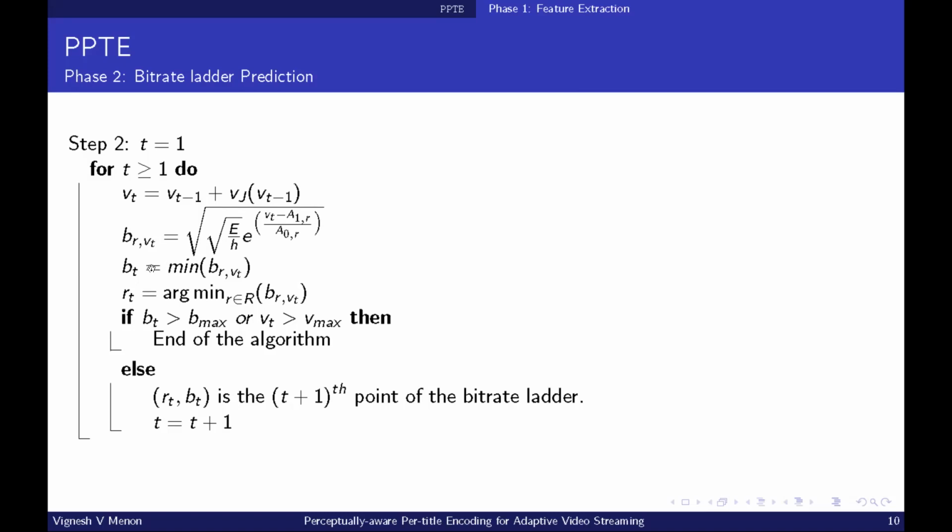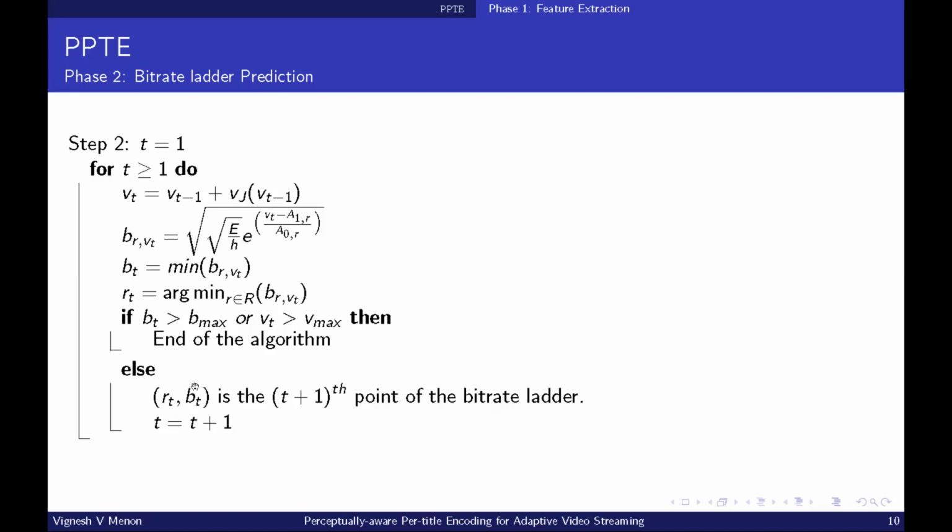From the BRVT values obtained for multiple resolutions, the minimum bitrate is considered as the BT for the bitrate ladder. The value of R corresponding to the minimum bitrate is chosen as RT. Thus, RT-BT is determined as the predicted bitrate resolution.